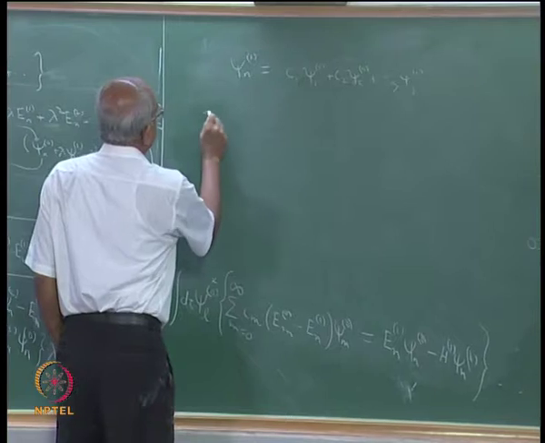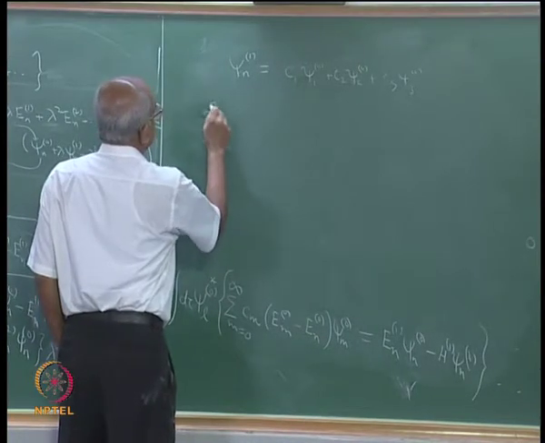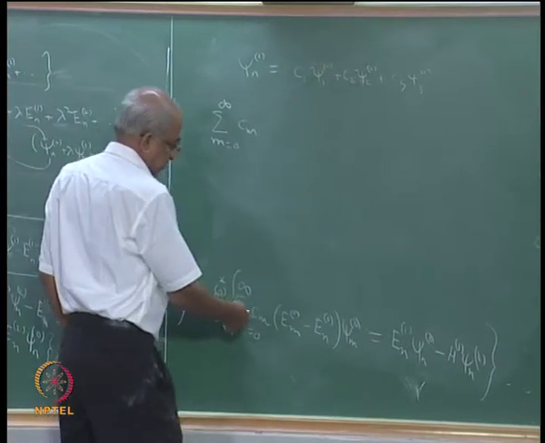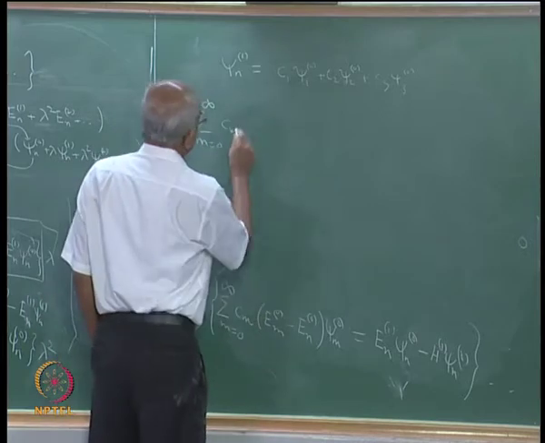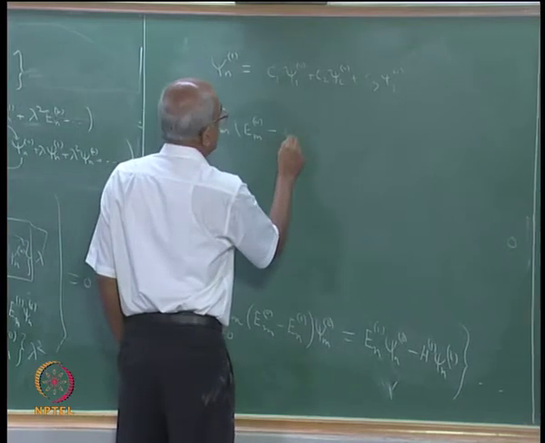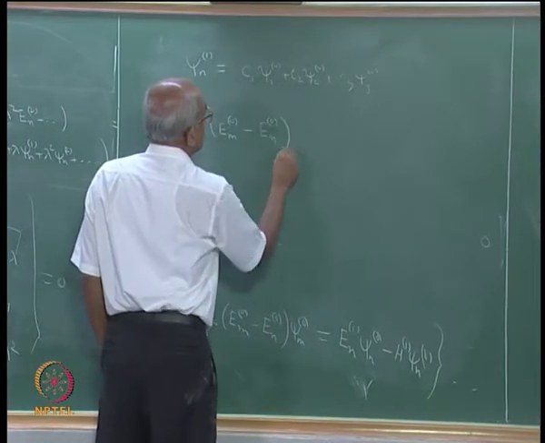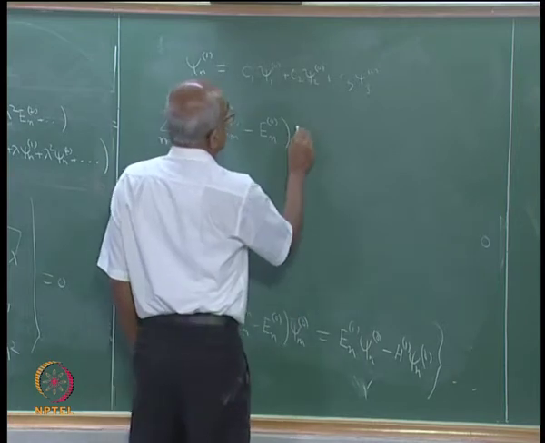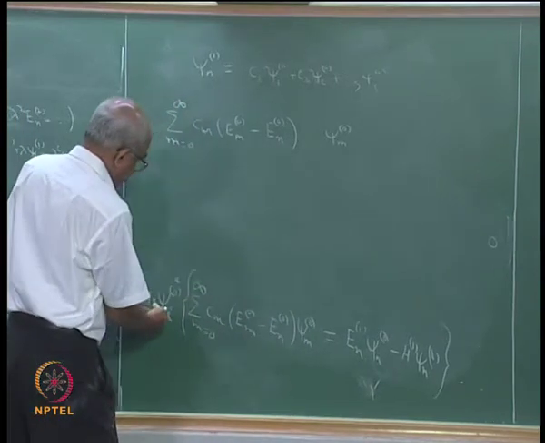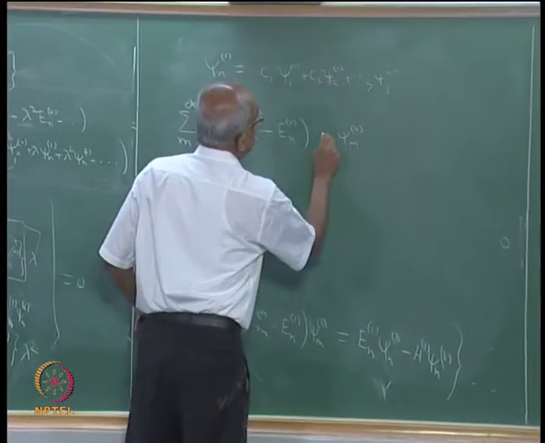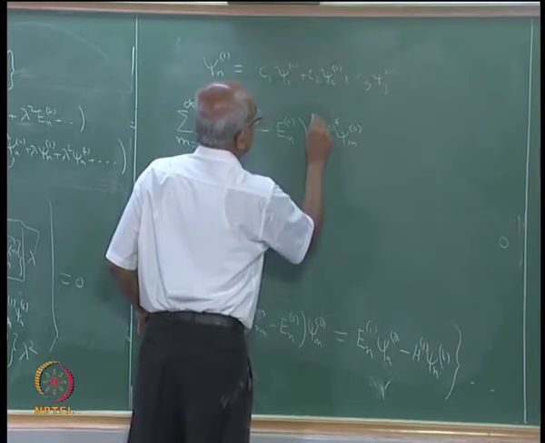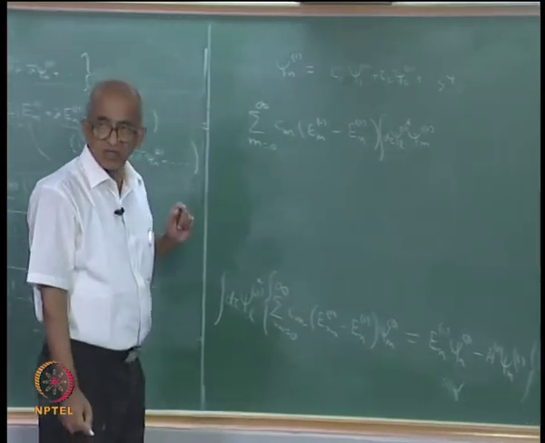I would have sum m going from 0 to infinity Cm, which is not affected by this integration process, because it does not depend upon position, multiplied by Em 0 minus En 0 into psi m 0, right. This is already there, but you are going to multiply by psi L 0 star. So, psi L 0 star and the volume element d tau and integral, that is what you will get.